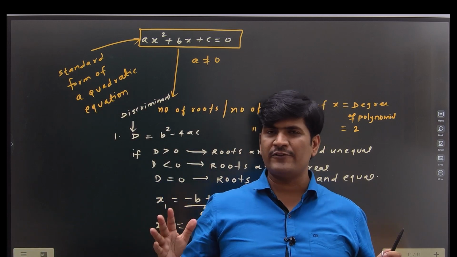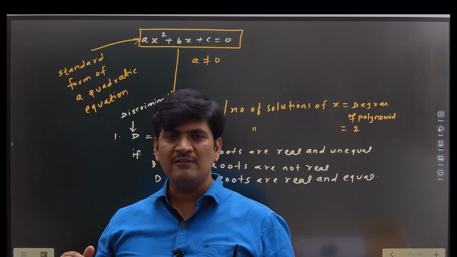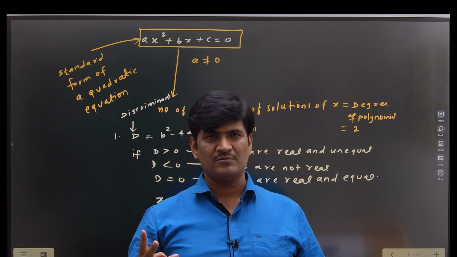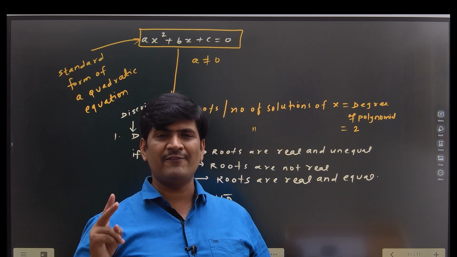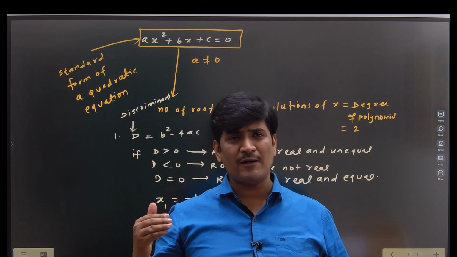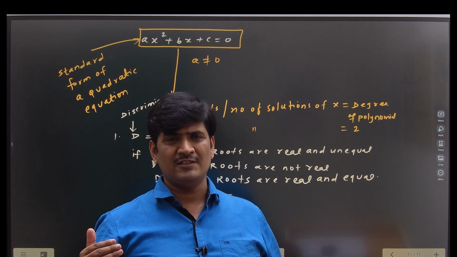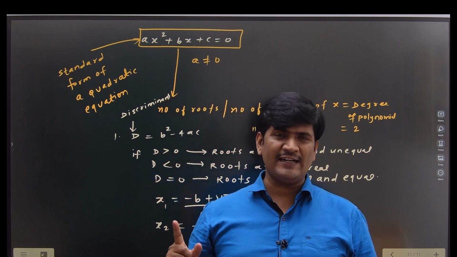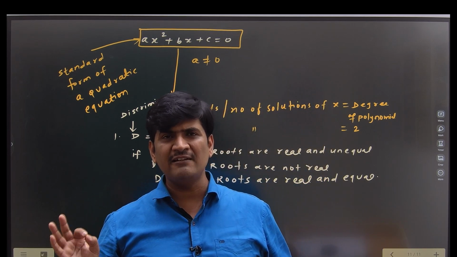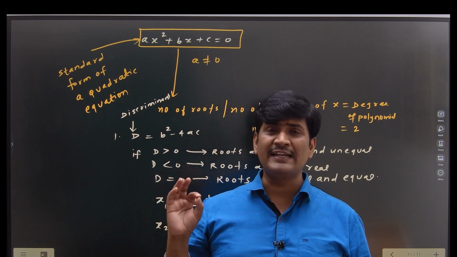So what is a quadratic equation? An expression having degree of 2. Any expression having degree 2. Highest degree means what? The highest power of variable. The power of x can't be in the form of fraction, can't be in a square root, can't be a negative number.